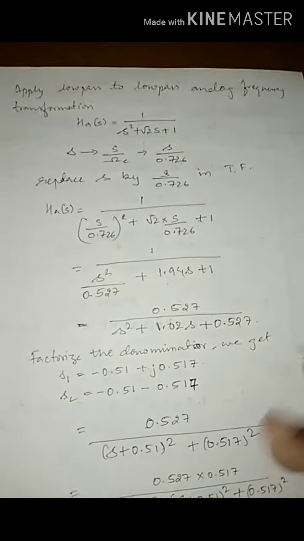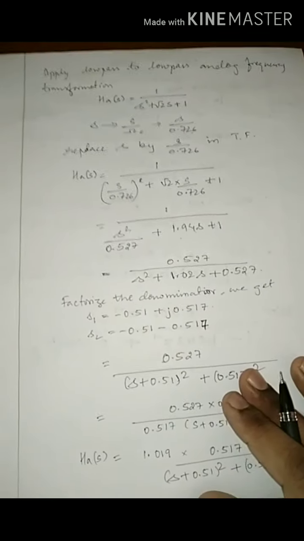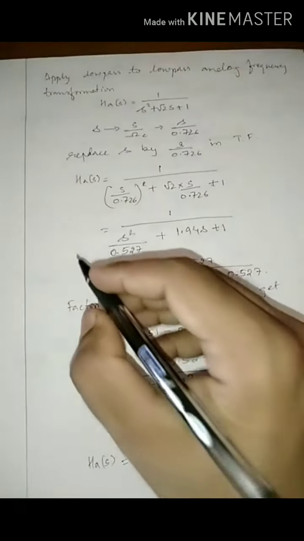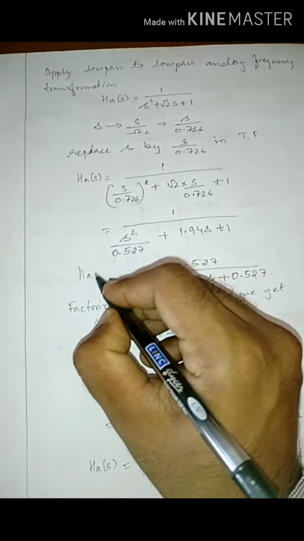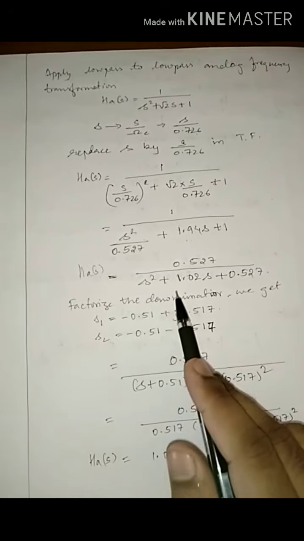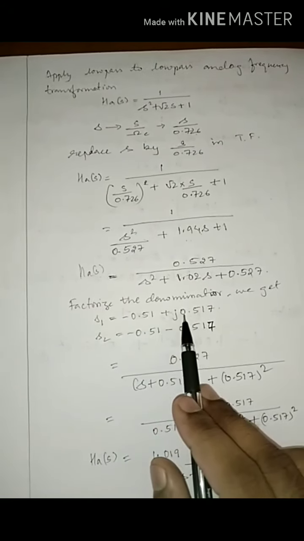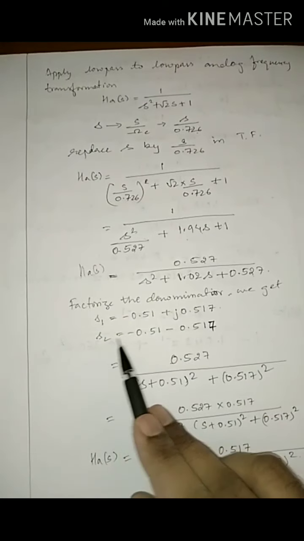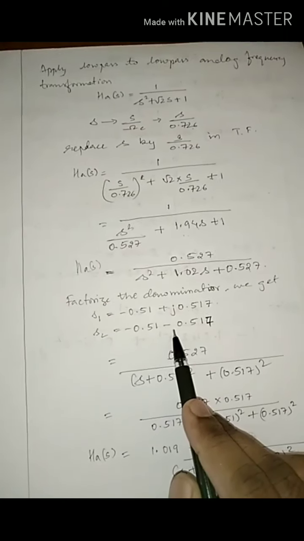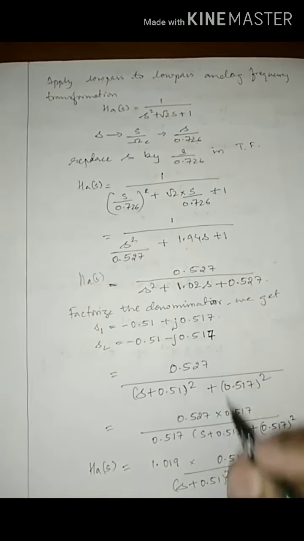So here onwards, this is a very important part in order to find H of z from H of s. So till now it is HA of s only. Now factorize the denominator and we get s1 is equal to minus 0.51 plus j of 0.517, s2 is equal to minus 0.51 minus j of 0.517.